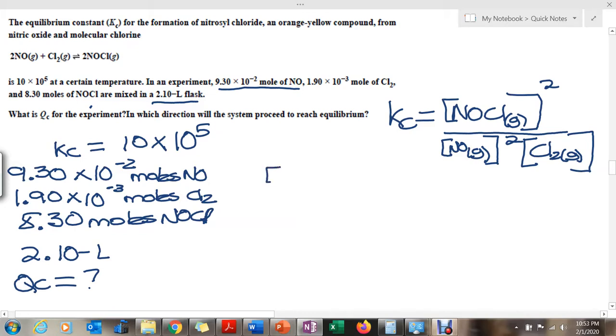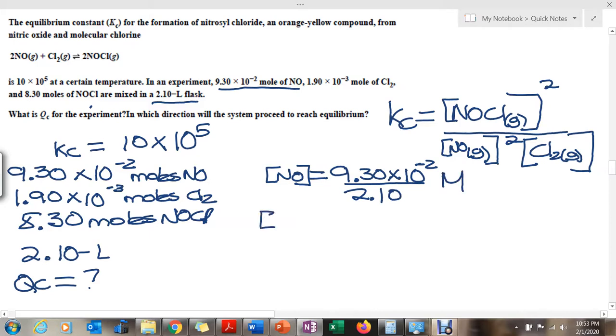So let's get the concentration of NO. The concentration of NO would be 9.30 times 10 to the negative 2 moles divided by 2.10 liters, so it's moles over liter. That equals 0.0443 molar.